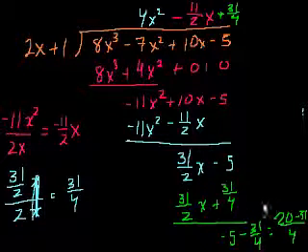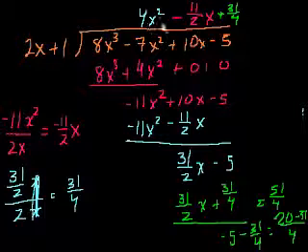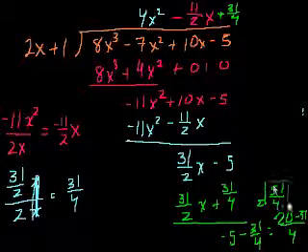So that is equal to minus 51 over 4. So our answer is 2x plus 1 goes into 8x to the third minus 7x squared plus 10x minus 5 4x squared minus 11 halves x plus 31 over 4 times. But there is a remainder, and this is the remainder.